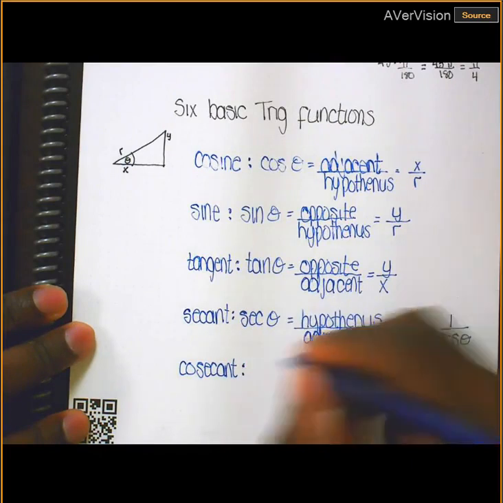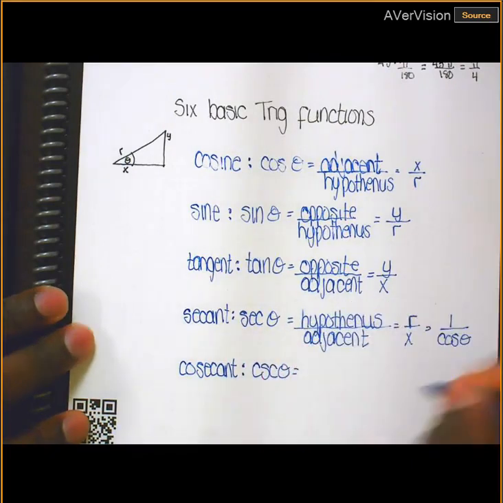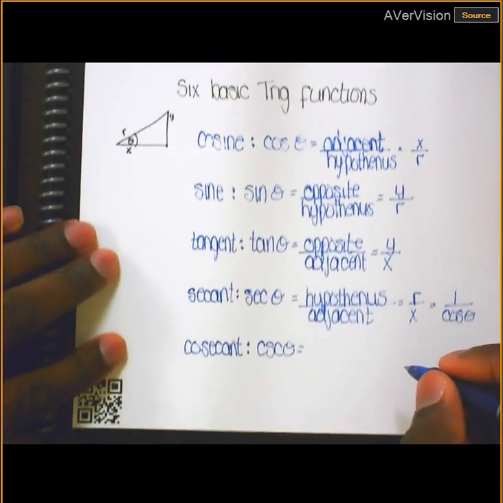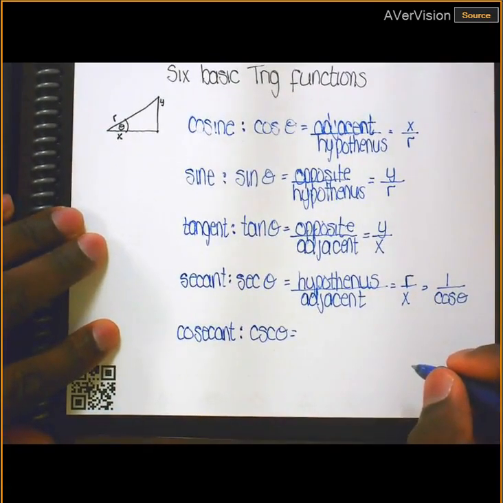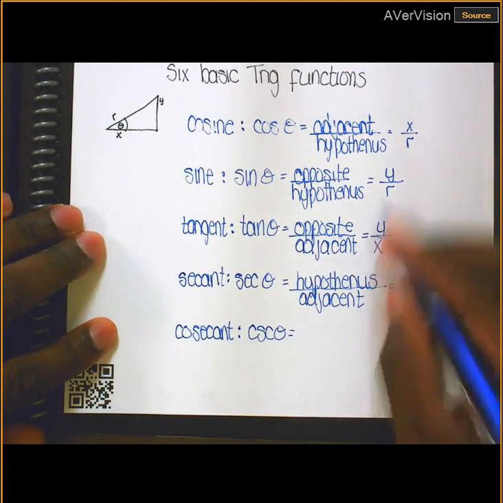Cosecant is the reciprocal of which trig function? Yeah, it's the reciprocal of sine.